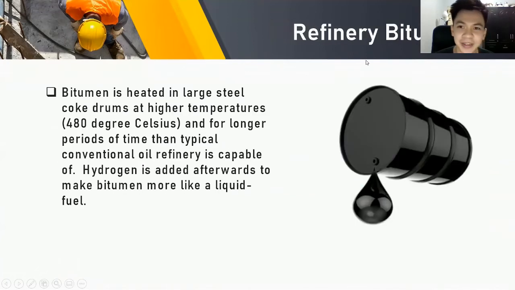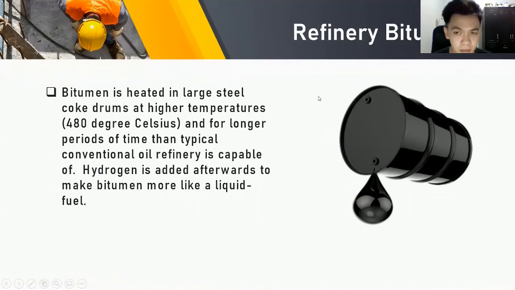Okay, so refinery bitumen. Bitumen is heated in large steel coke drums at higher temperature and for longer periods of time than a typical conventional oil refinery is capable of. Hydrogen is added afterwards to make bitumen more liquid, more like a liquid fuel.